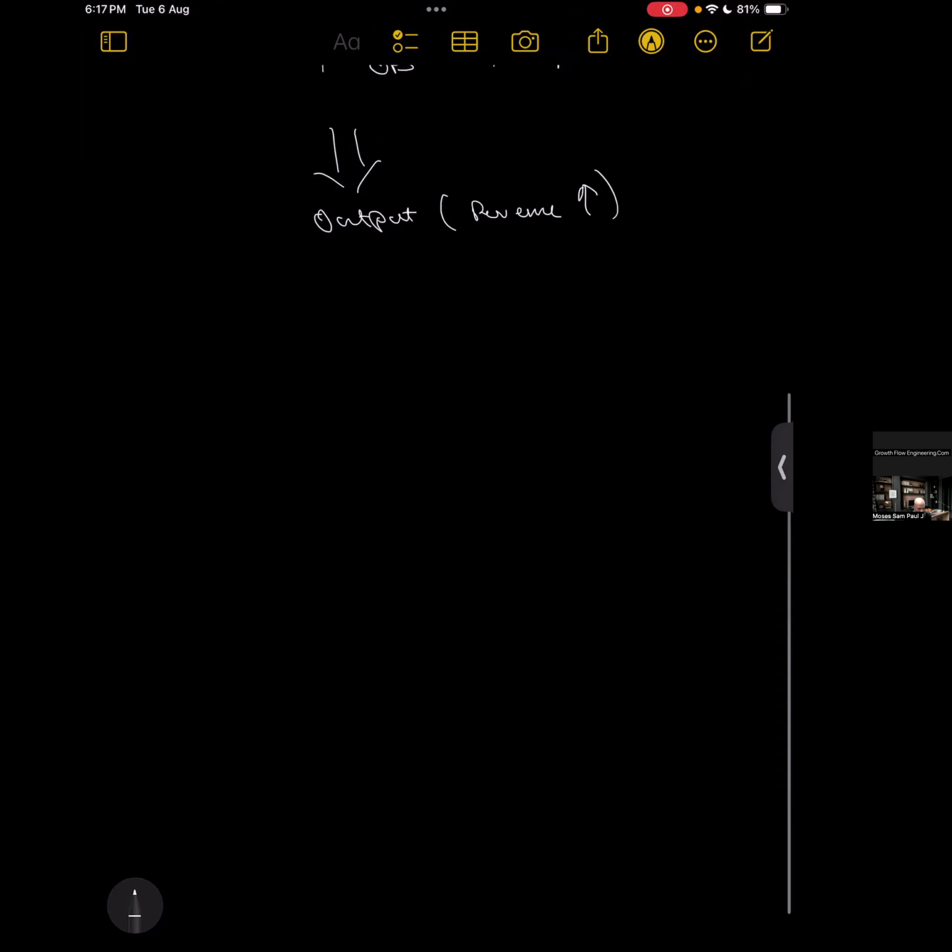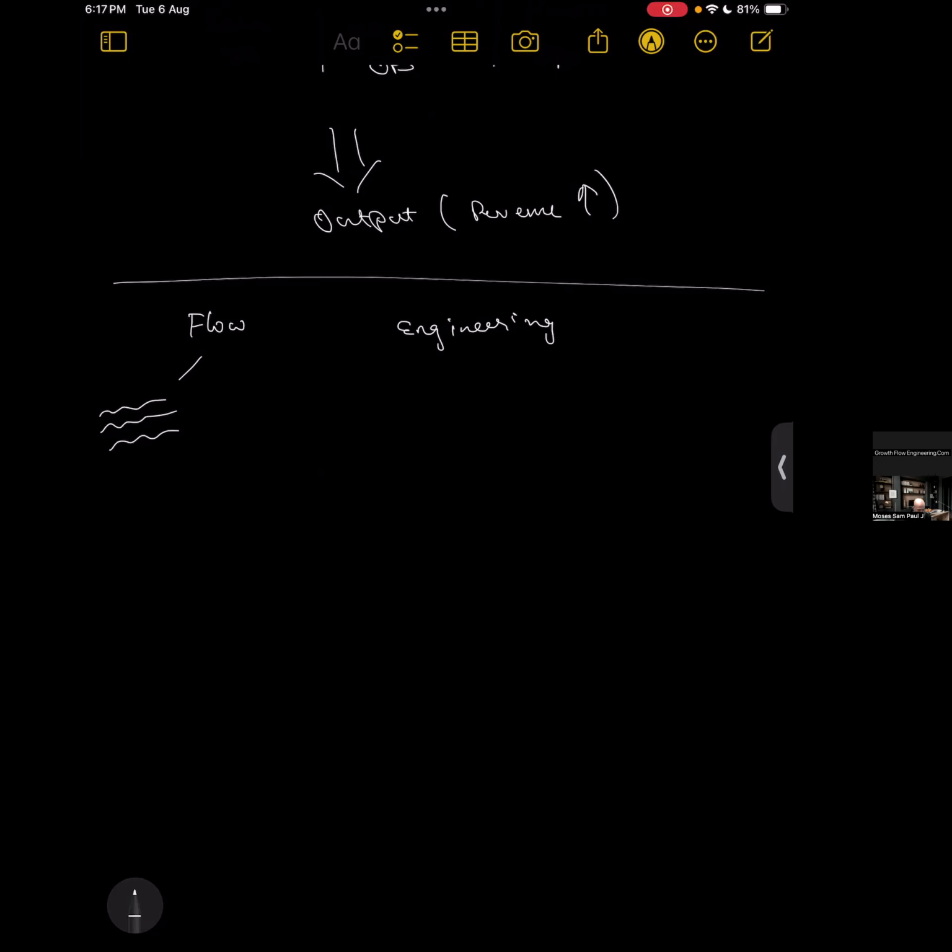So think about flow. Flow and engineering are two terms, and we'll break down each of them. Flow could mean a lot of things: in physics or mathematics, it could involve the flow of fluids.